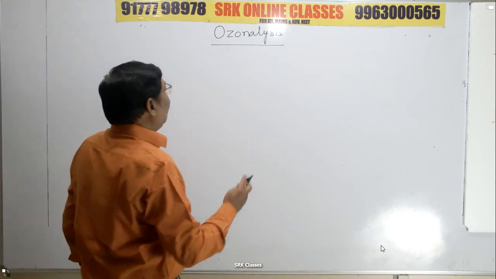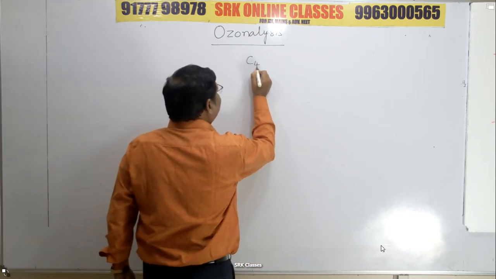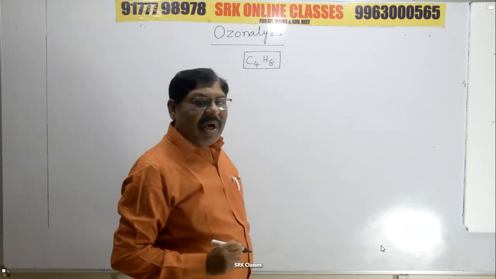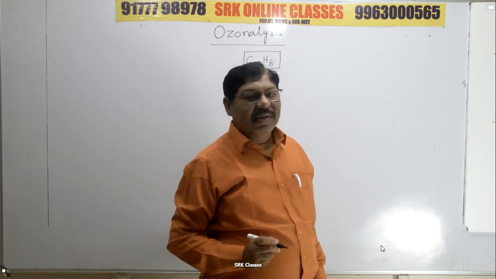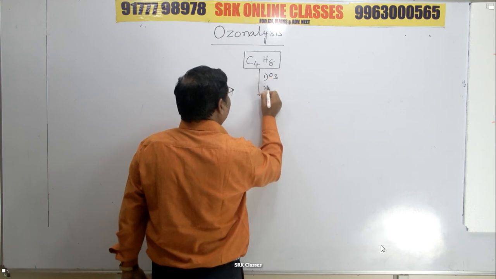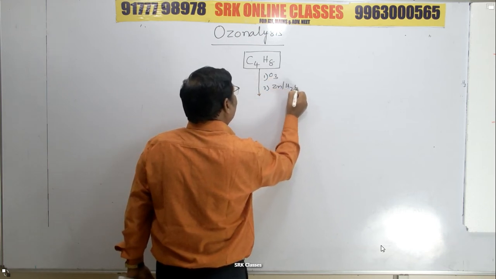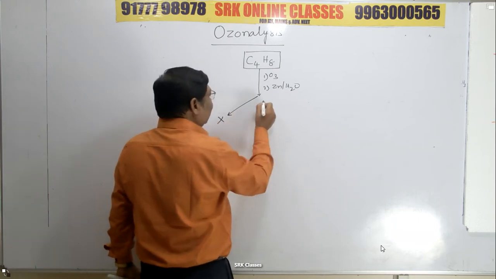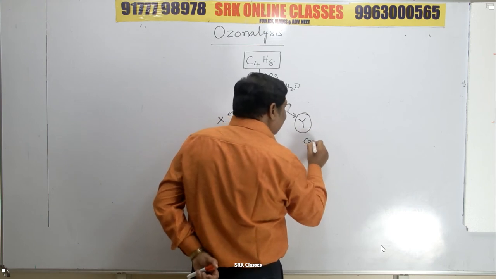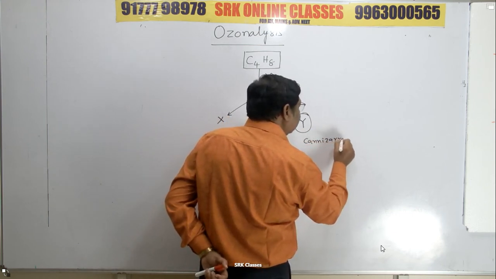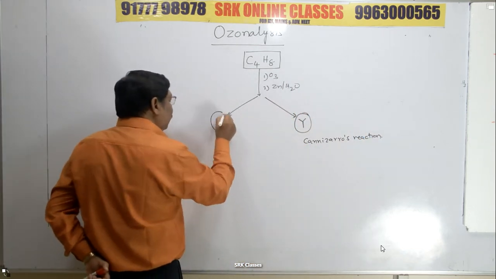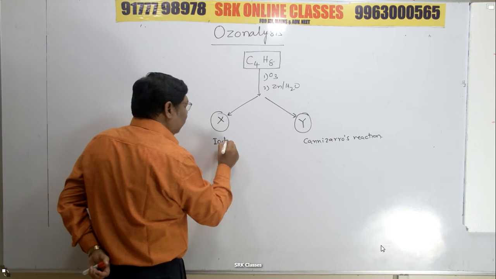Now let us take an unknown compound with molecular formula C4H8, which on ozonolysis, addition of ozone plus zinc and H2O, produces two products X and Y. Y undergoes the Cannizzaro reaction and X gives the iodoform reaction.